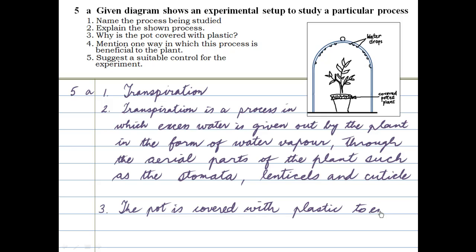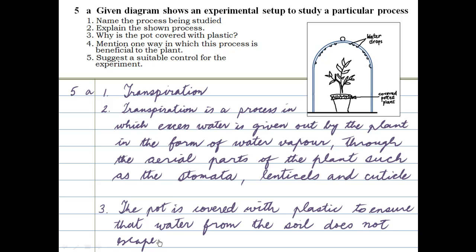To ensure that water from the soil does not escape out into the bell jar. Otherwise, those droplets would not be from the plant, it would be from the soil. That's why the pot is covered with plastic.